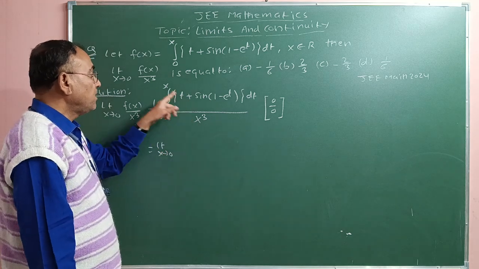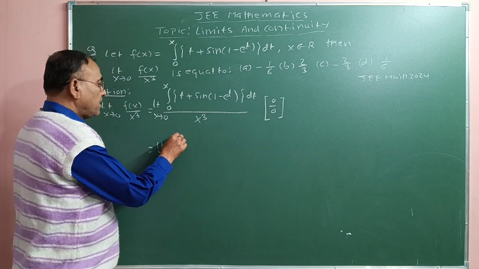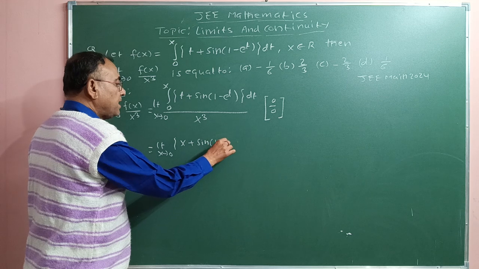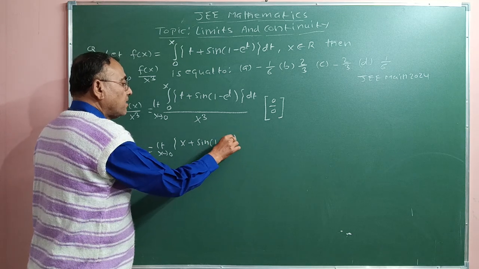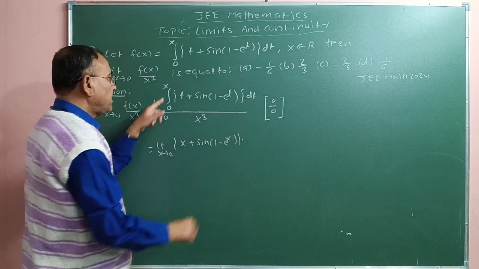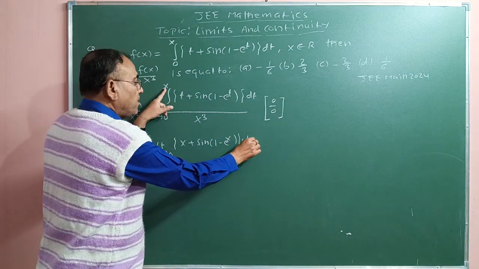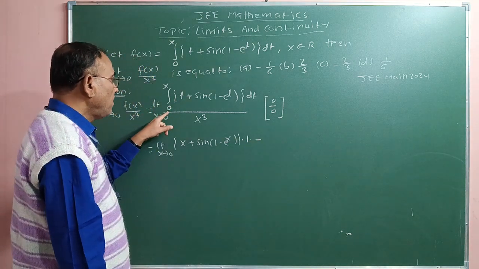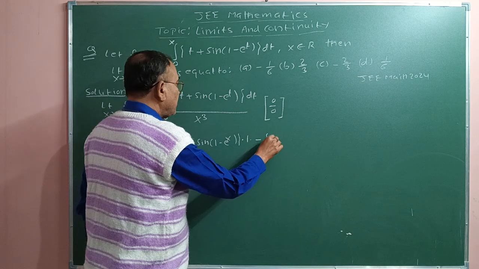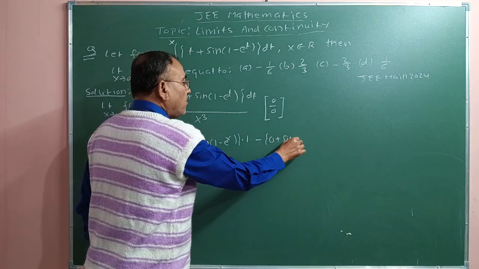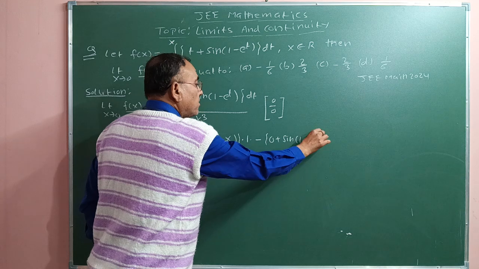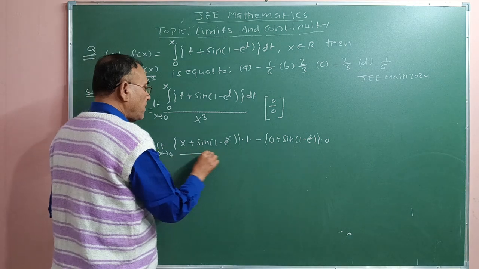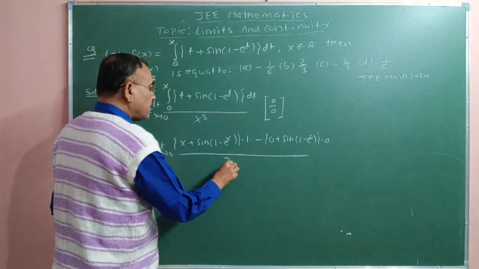Replace t by the upper limit: this is x plus sin(1 minus e^x) into derivative of upper limit 1, minus replace t by lower limit: the lower limit is 0, plus sin(1 minus e^0) into derivative of lower limit, which is 0, upon 3x square.